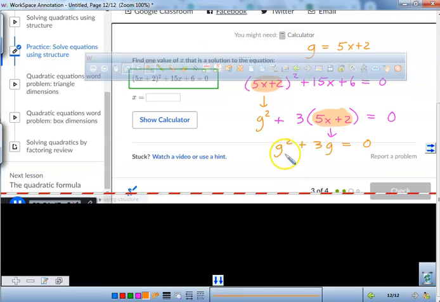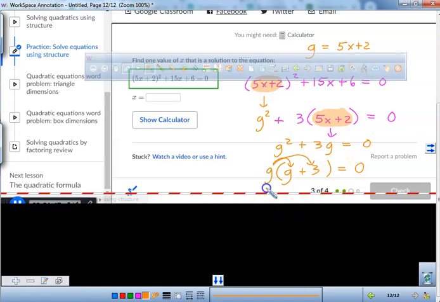The only letter you could factor out of that is a g. So put g times (g plus 3), and see if this makes sense to you of how I was allowed to factor out a g. Because g times g is g squared, and g times 3 is 3g.